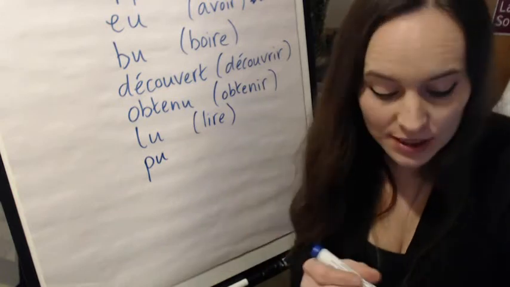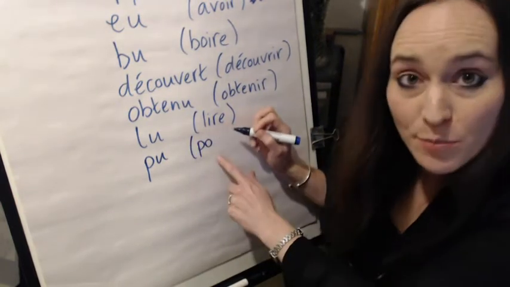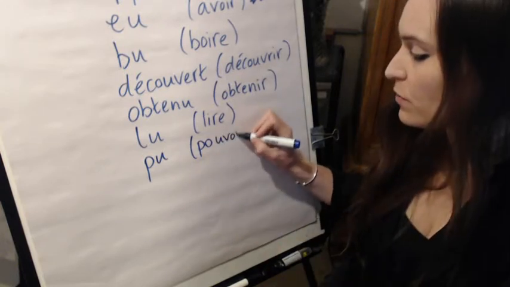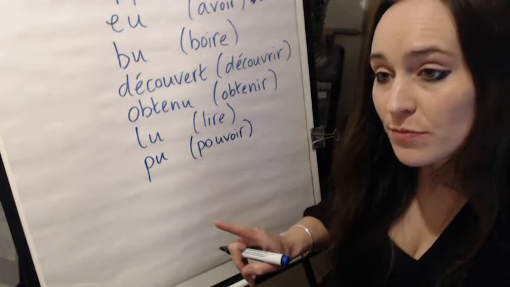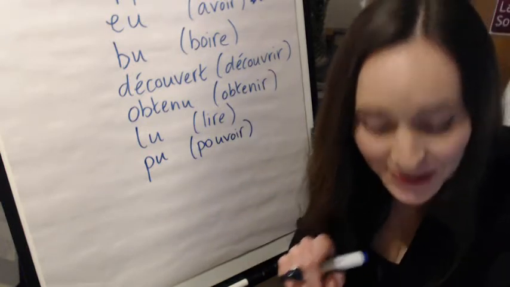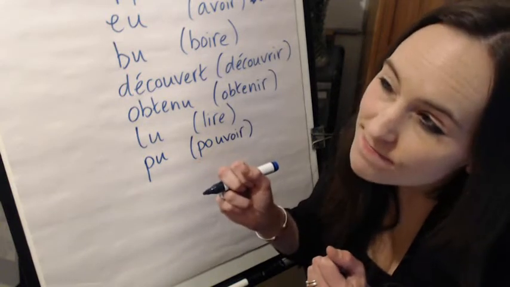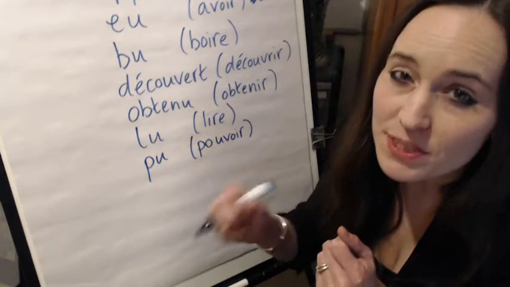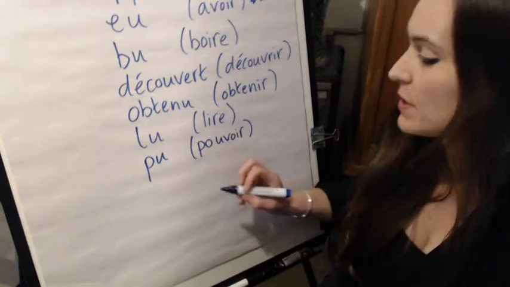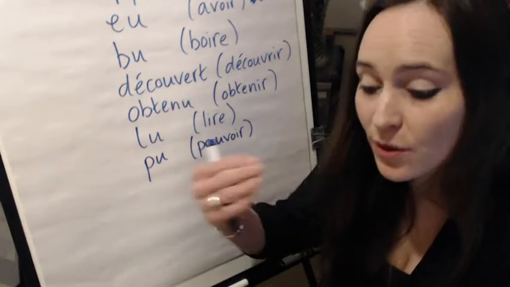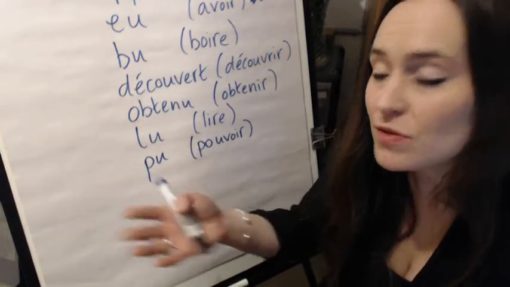So pu is from the verb pouvoir. This is a modal verb, a very helpful verb. There's three irregular past participle endings for devoir, pouvoir, and vouloir. So they're your modal verbs. J'ai pu faire quelque chose. I was able. I managed to. I succeeded. I was able to do something.